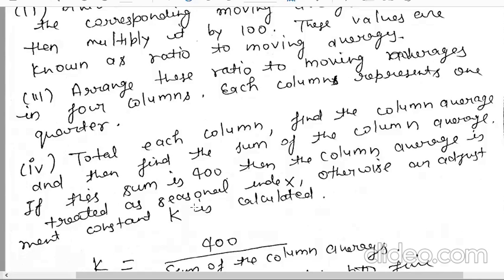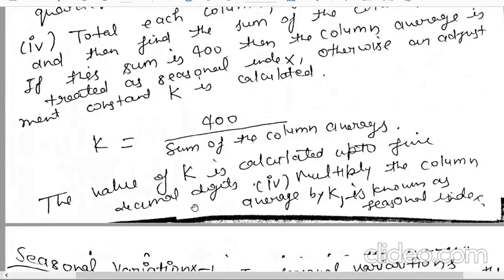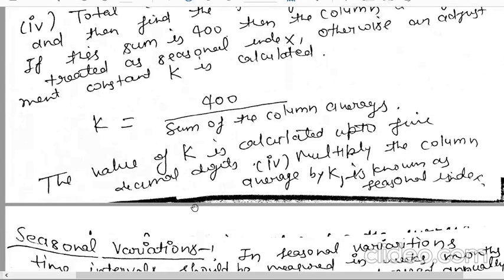Otherwise, we calculate an adjustment constant k, and k is equal to 400 upon the sum of the column averages, right? The value of k is calculated up to 5 decimal digits. Then multiply the column averages by k, which gives the seasonal index, right?